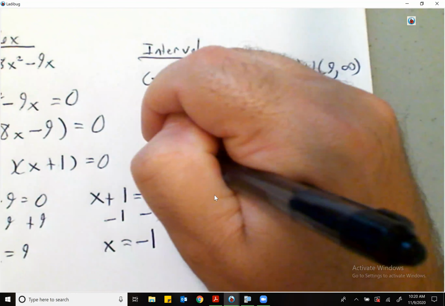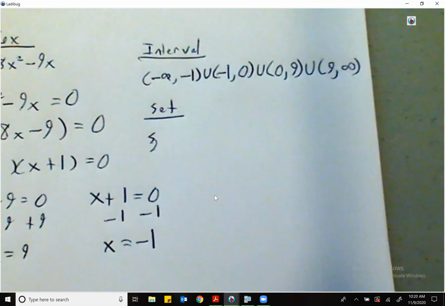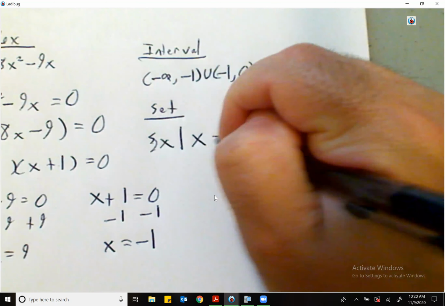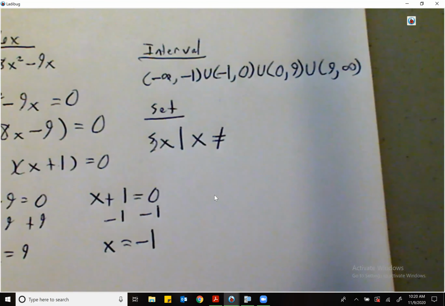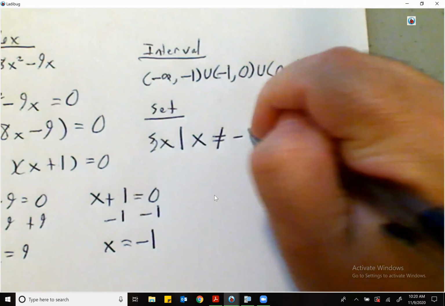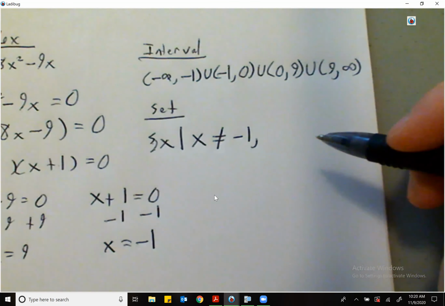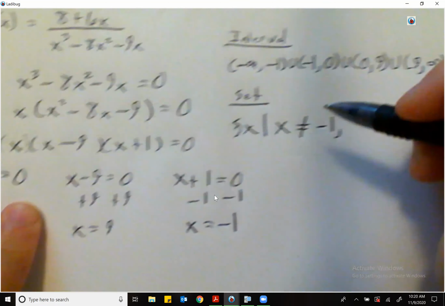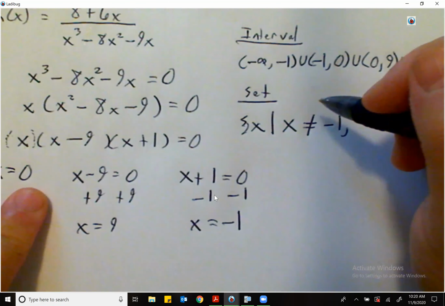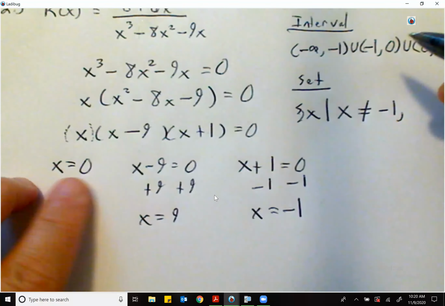So in set notation, we'll do our squiggle, our x bar, x not equal to what? Negative 1, 0, and 9.